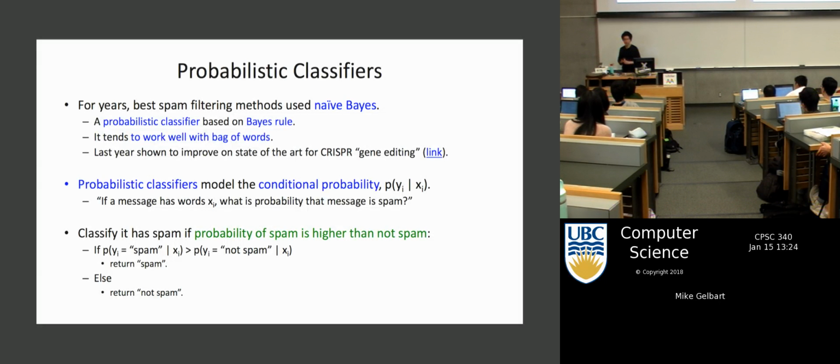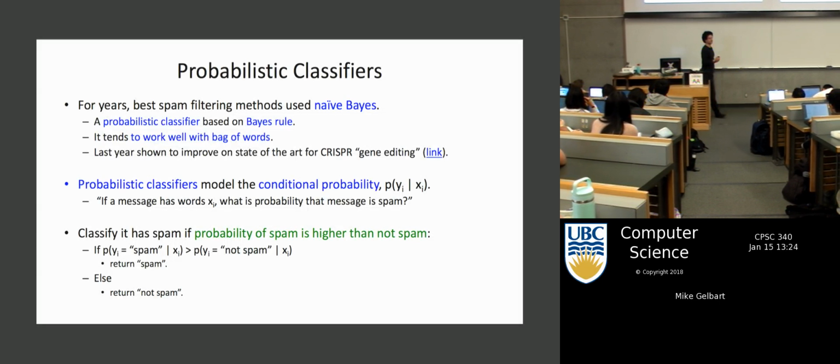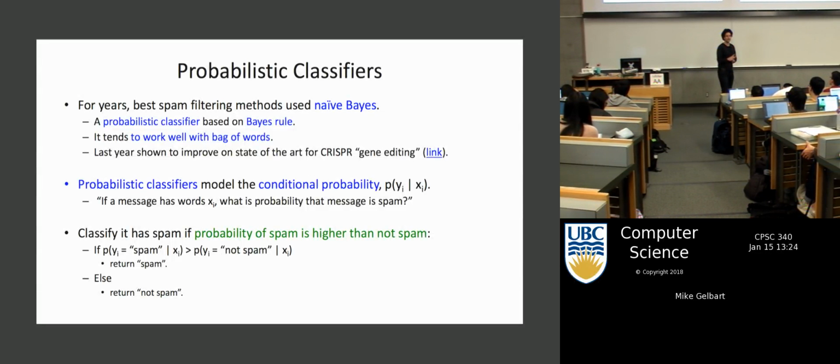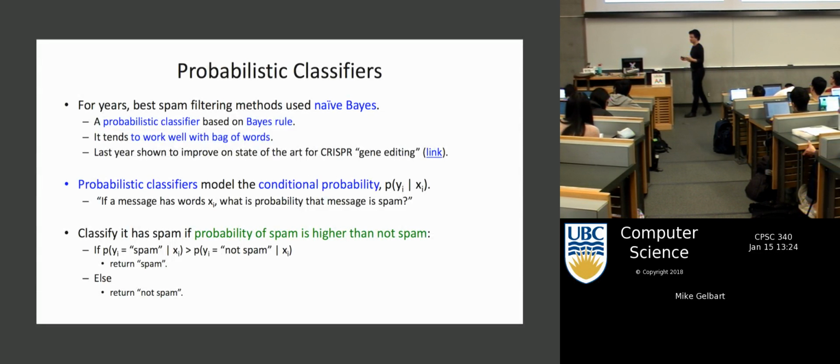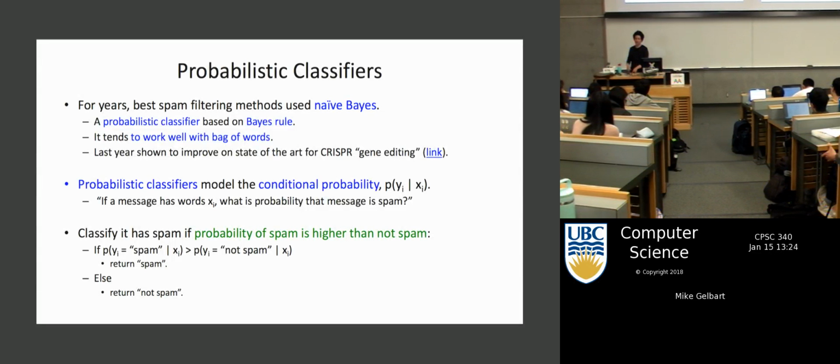So what is a probabilistic classifier? What we want to do essentially is, given a feature vector for an email, which we're calling xi, we would like to model the probability of seeing spam versus not spam. So p of yi given xi, that's a conditional probability.